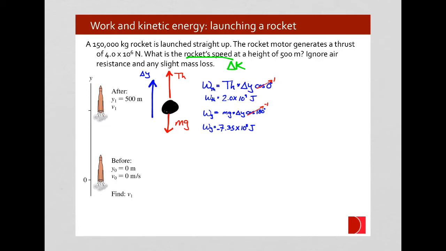Our net work is the sum of all of the works acting on our rocket. Note that the work from the thrust of the motor is greater than 0. It's making us go faster and upward. The work due to gravity is less than 0 because gravity is taking that energy away.